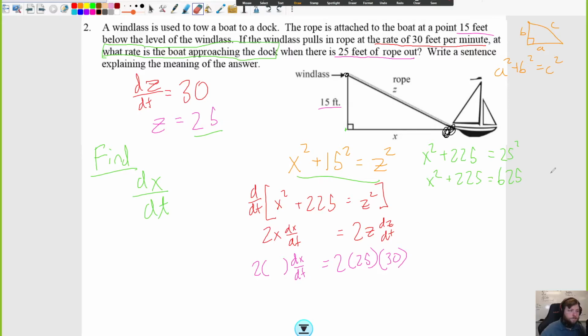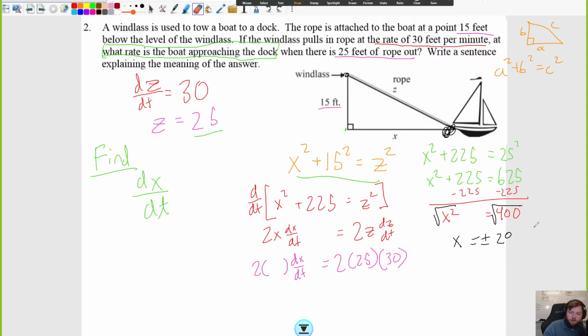All right. Subtract 225 from both sides. Get x squared equals 400. And square root both sides. Now, this is a weird thing where x is going to be plus or minus, since the square root of 400 is 20. So you have to consider both. I have plus or minus 20.